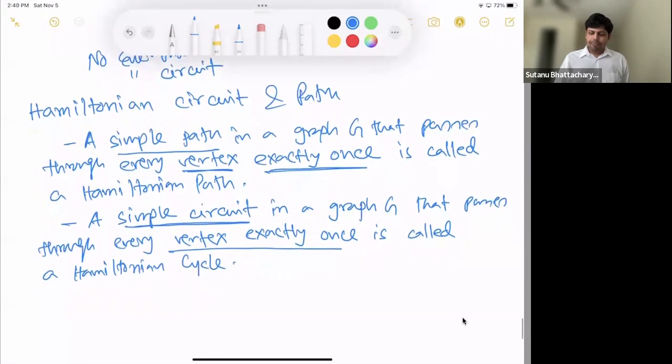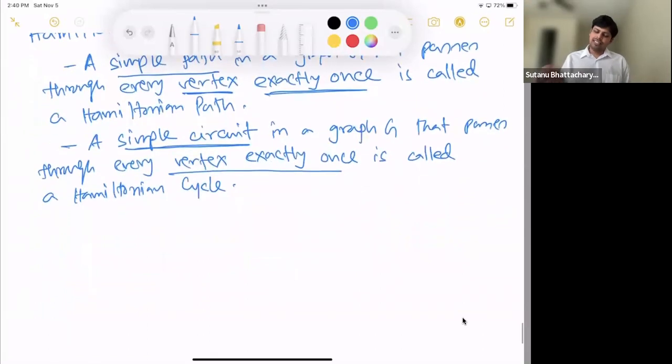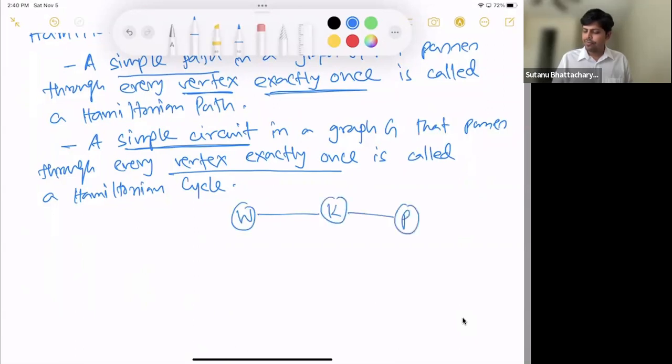And the Hamiltonian circuit has a large application. Let's take one example, the example of Aditya. Suppose Aditya's mother asked him to visit Walmart, Kroger, Publix, CVS, and many other such destinations.